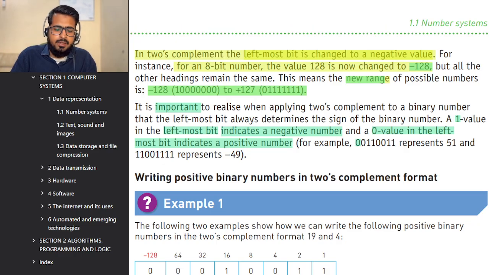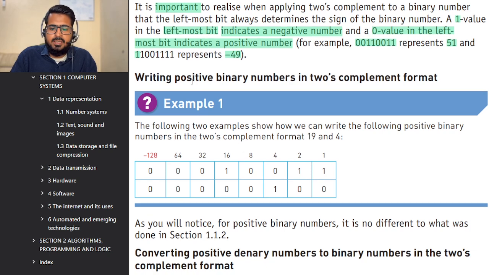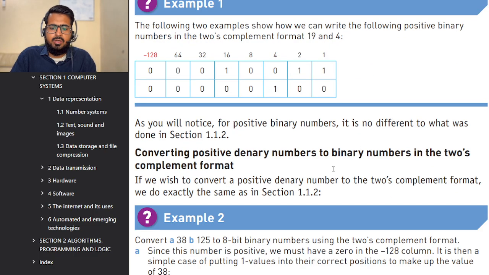Here's the example. If it starts with 0, the denary is a positive number. If it starts with 1 in 2's complement, the denary is a negative number, right? So here's the example. It gives you the positive example, which is the same as we do in normal binary, so nothing special, no difference here.